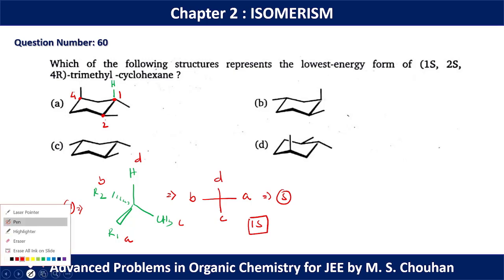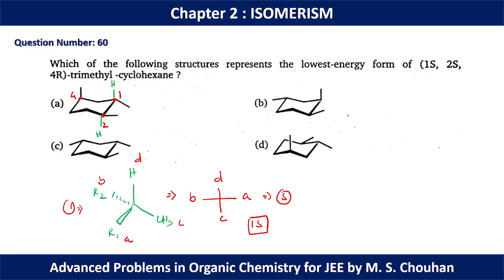Now for the second carbon, if we draw elaborately, the situation will look like this. We have hydrogen present here, we have methyl present here, and we have two alkyl groups present here. This is R1, this is R2. Now we can go for the priority order.